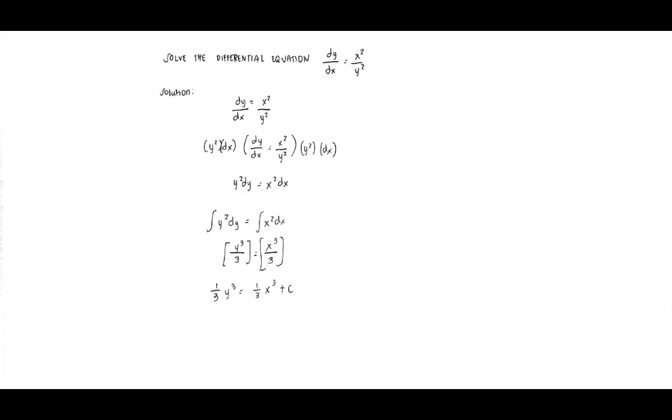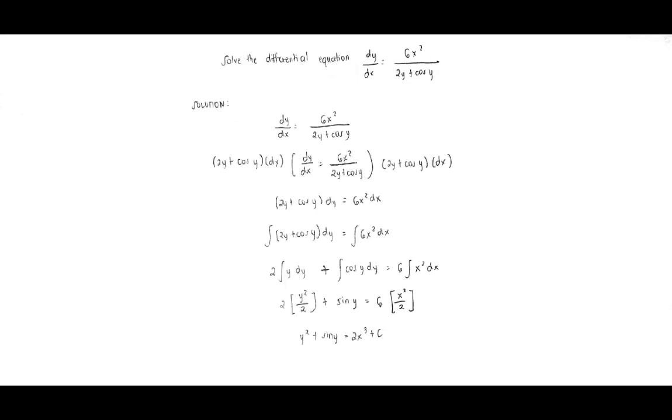Therefore, the final answer is 1/3 y cubed equals 1/3 x cubed plus c, where c is an arbitrary constant. We could have used c sub 1 on the left side and another constant c sub 2 on the right side.